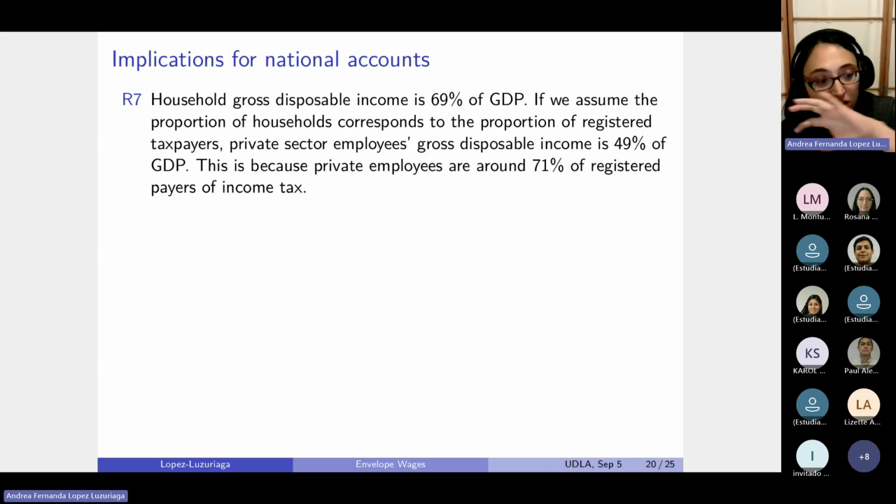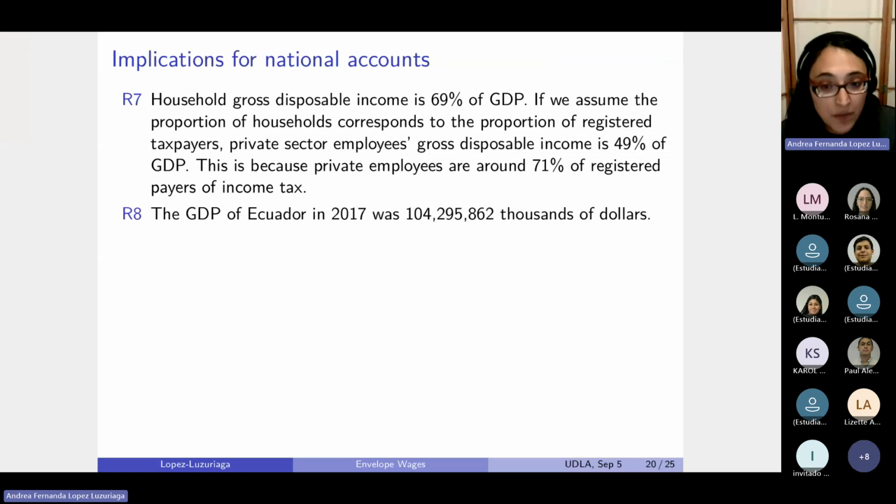Households get split into 3 groups: the self-employed, the public sector employees, and the private sector employees. So we try to estimate the size of the private sector employees' households, and that will be 49% of the GDP.